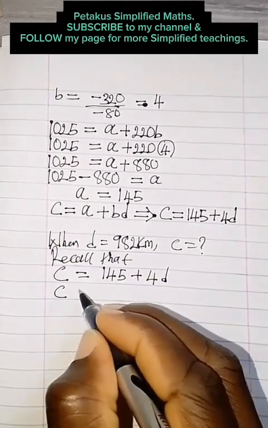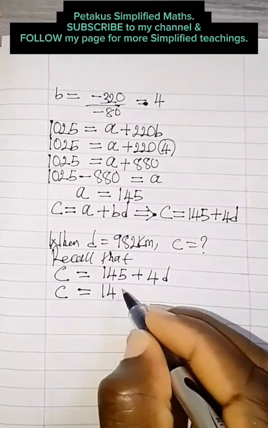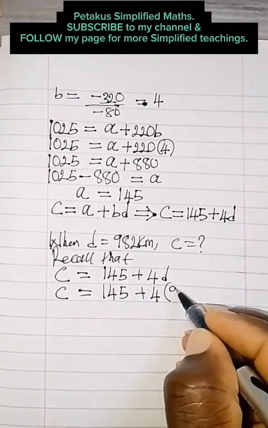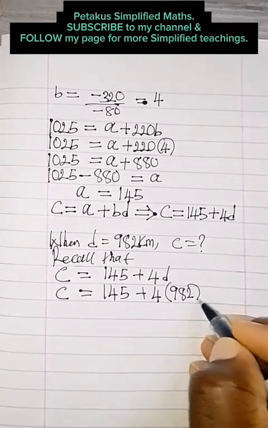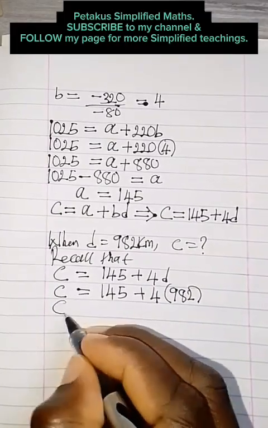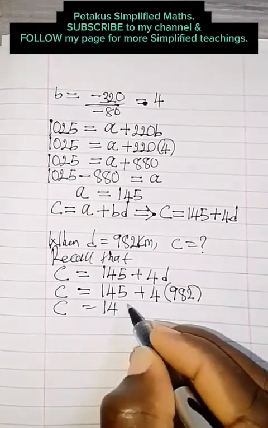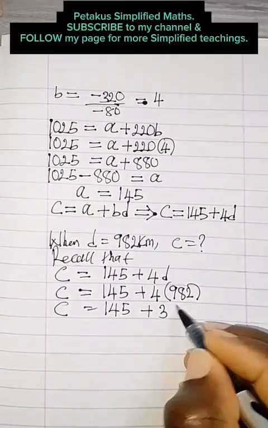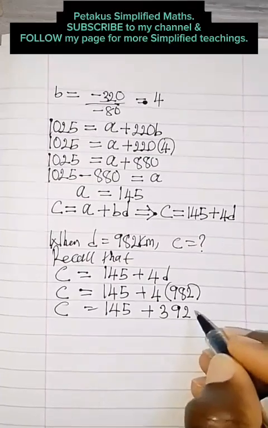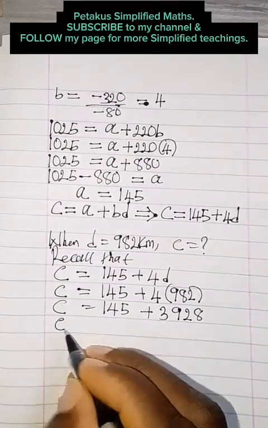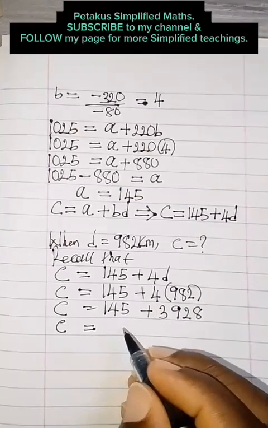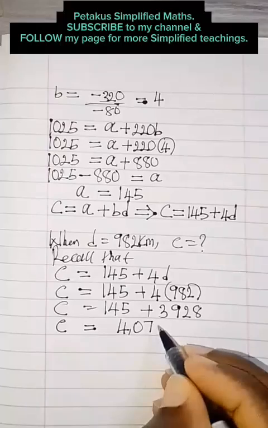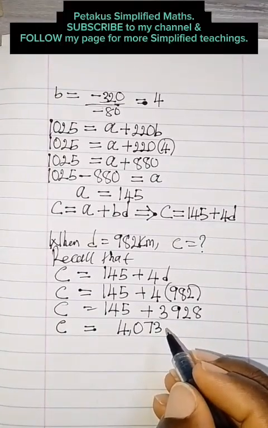So C is equal to 145 plus 4 times 982. If you multiply, C is equal to 145 plus 3928. If you add, the cost becomes 4,073.